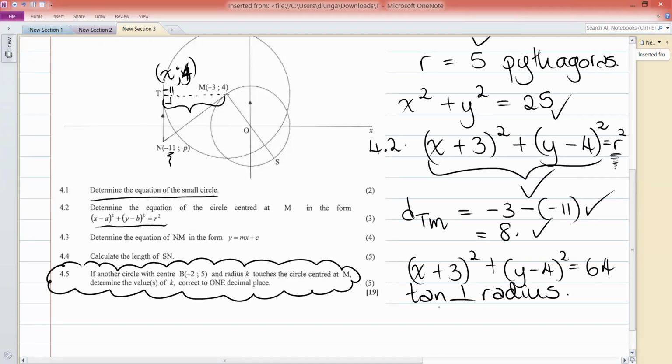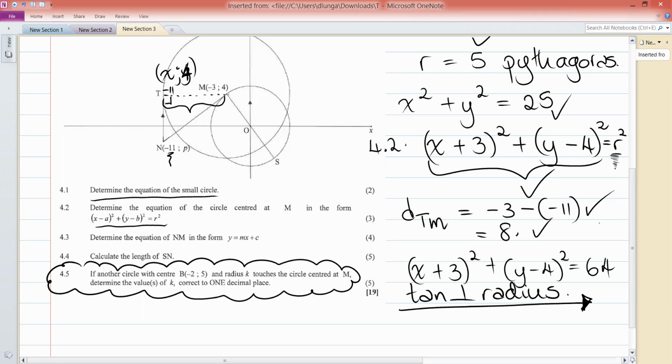You don't explicitly need to state it, but if you do use it at some point, write tangent perpendicular to radius. It's always safer to put whatever reason you use, just to be on the safe side. But here your mark allocation came from working out the radius. Right, so that part is done.